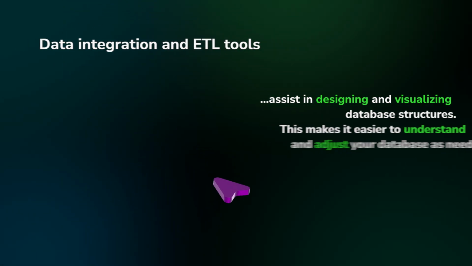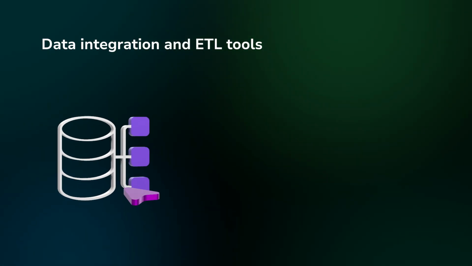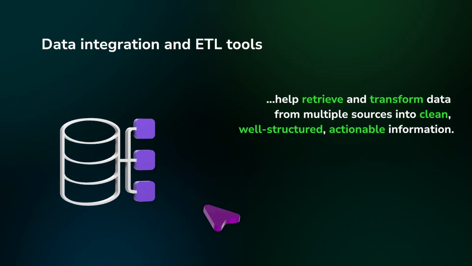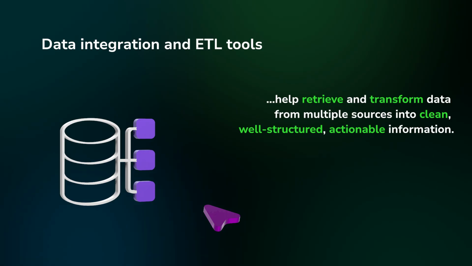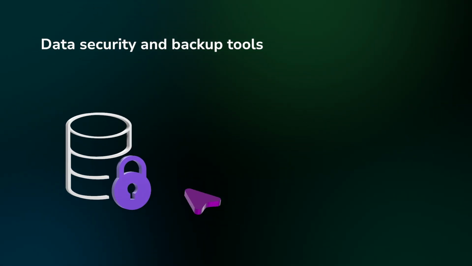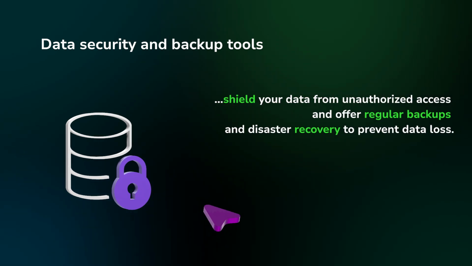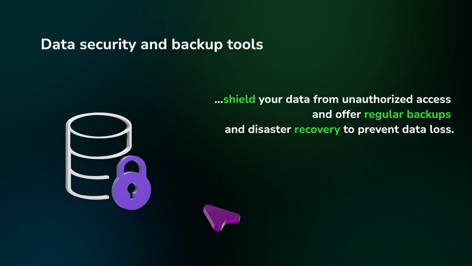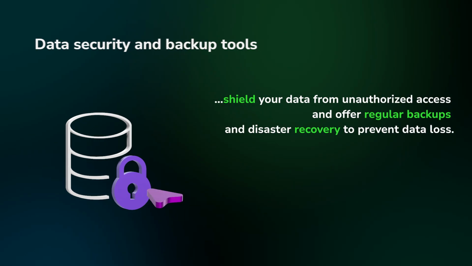Data integration and ETL tools help retrieve and transform data from multiple sources into clean, well-structured, actionable information. Data security and backup tools shield your data from unauthorized access and offer regular backups and disaster recovery to prevent data loss.